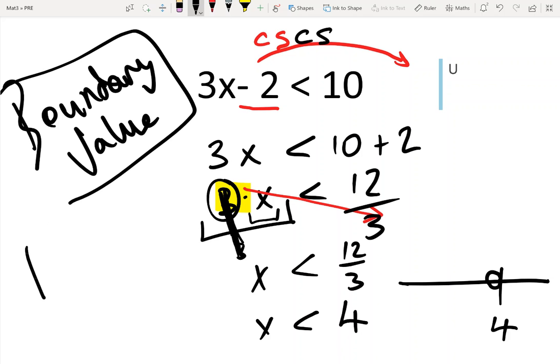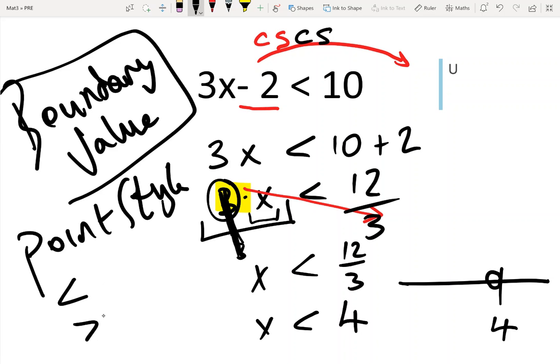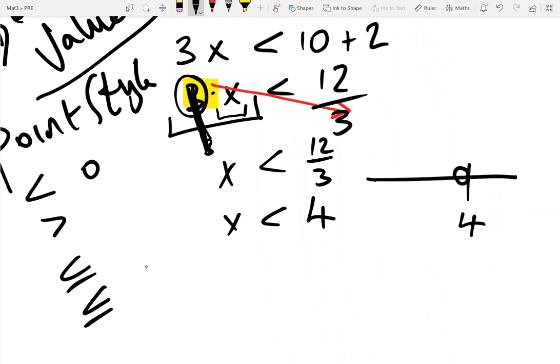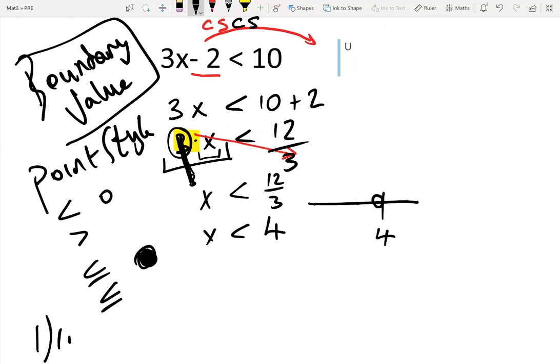The point style can be like this, or like this, and the direction of the solution from the boundary point is to the left.